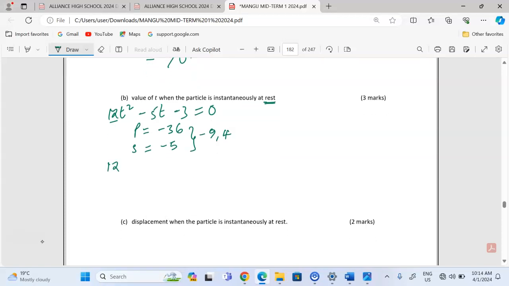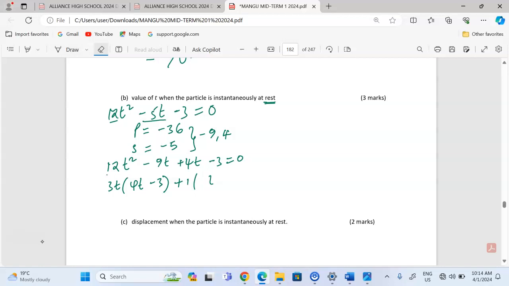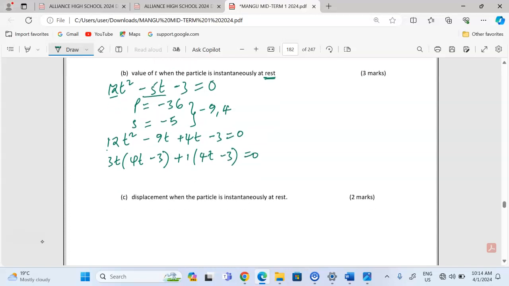12t squared minus 9t plus 4t, that is the substitution of -5 as -9 and 4, minus 3 equals 0. When we factorize 3t, which is common, we remain with 4t minus 3, then plus 1. Actually, we remain with 4t minus 3 equals 0. Therefore, the common factor is 4t minus 3.